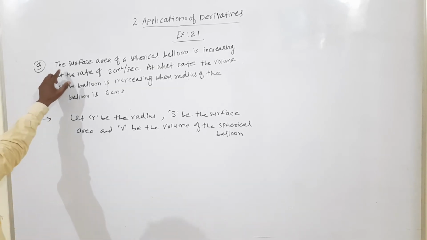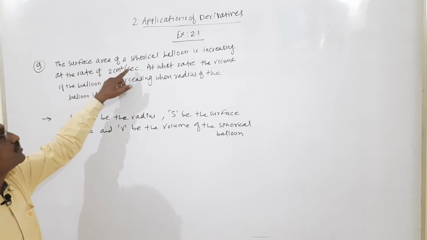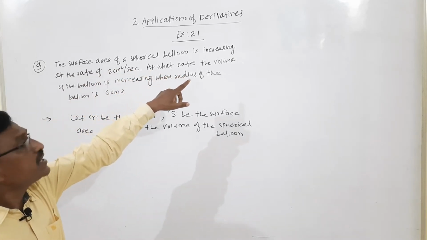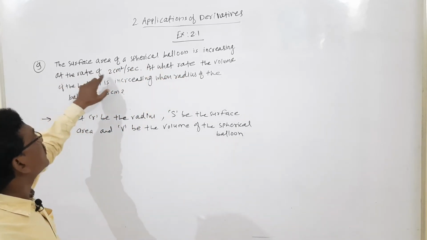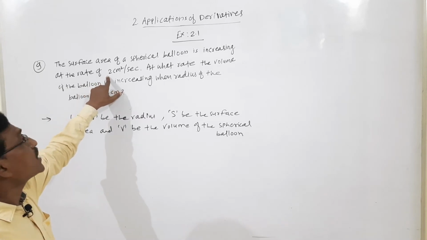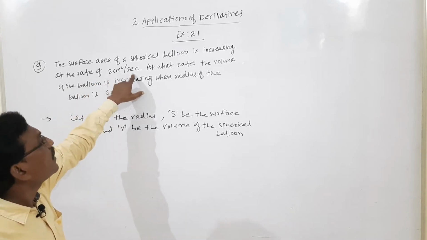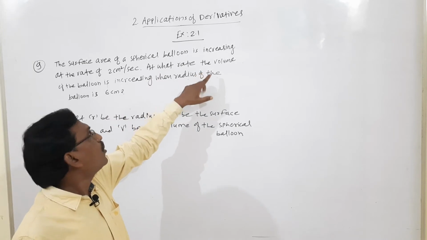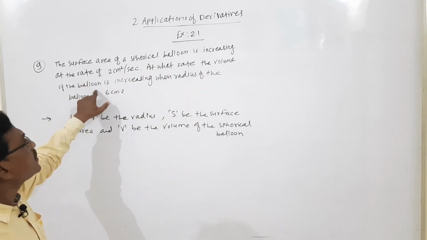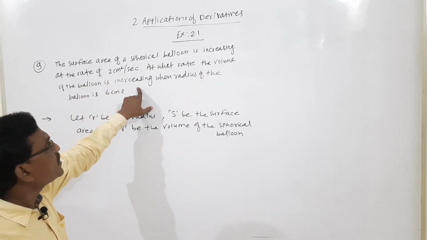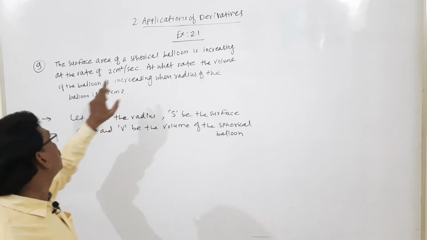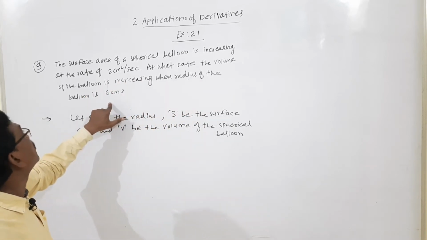The example is: the surface area of a spherical balloon is increasing at the rate of 2 centimeter square per second. At what rate is the volume of the balloon increasing when the radius of the balloon is 6 centimeter?